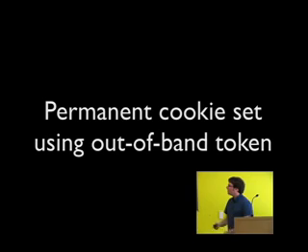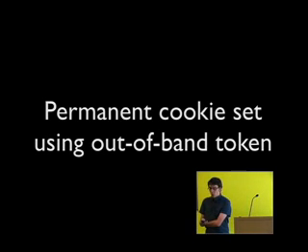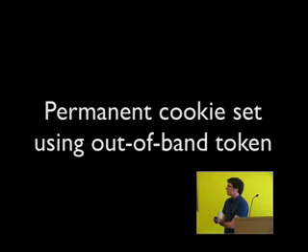There's another concept I heard quite recently, which I think is very interesting, and that's using a permanent cookie set using an out-of-band token. So one great way of solving phishing is you do out-of-band authentication. When someone tries to sign in, you SMS text message them an authentication code, which they have to enter, so that then when they're trying to sign into a phishing site, they don't get the message and they can't continue. And what you can do is use that out-of-band token to set a permanent cookie in their browser, saying, OK, this browser has done that stage of authentication.